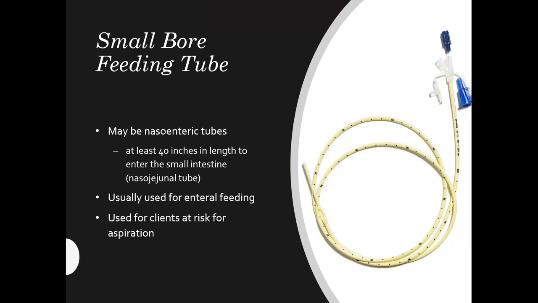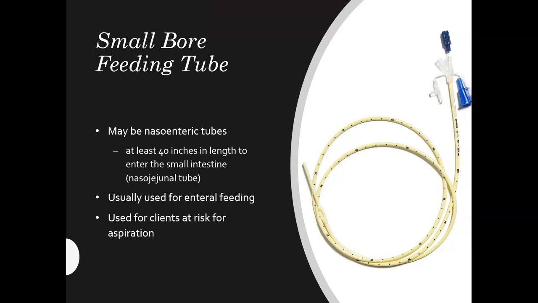And then we also have a small bore feeding tube. These might be longer, so they may go into the small intestine, the jejunal tube, or it goes into the jejunum. So it's going into the small intestine.